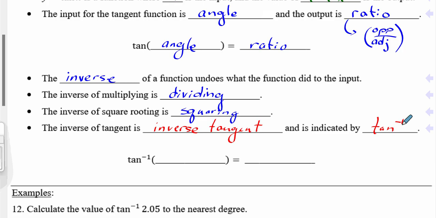So because inverse tangent undoes what a tangent did. A tangent took an angle as input, gave me a ratio as output. Inverse tangent takes the ratio as input, and it gives me an angle measurement as output.